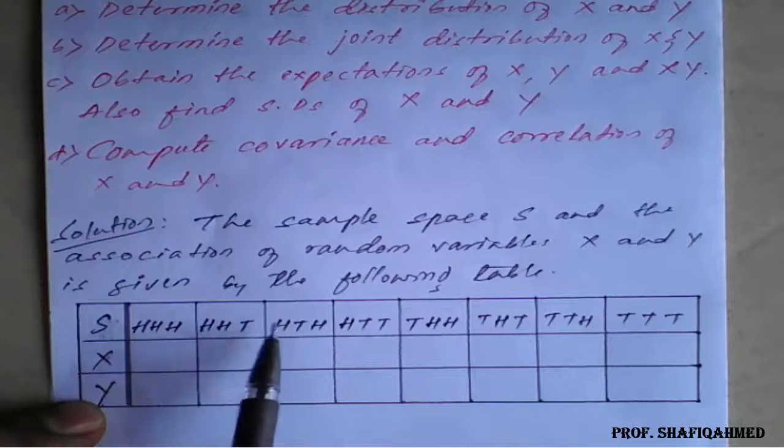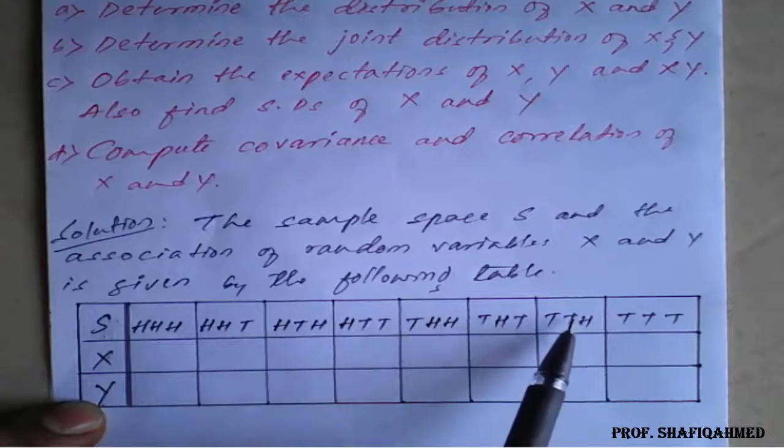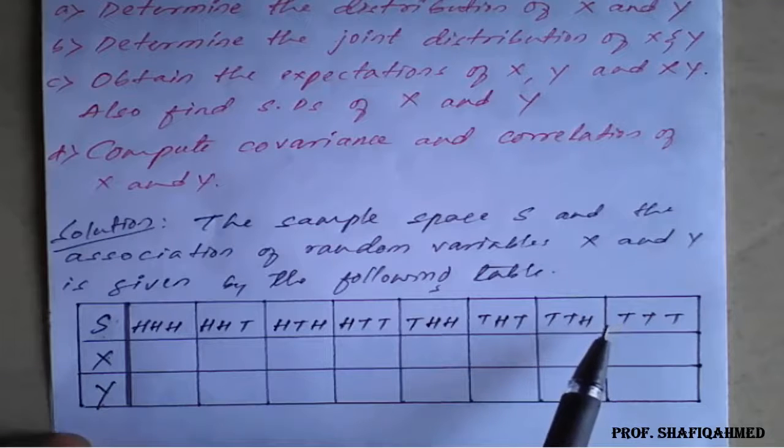How many outcomes are these in total? 1, 2, 3, 4, 5, 6, 7, 8: a total of 8 results if you toss a coin thrice.